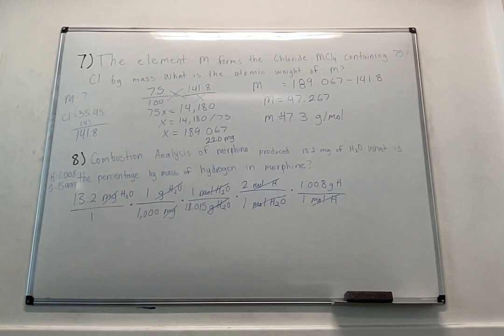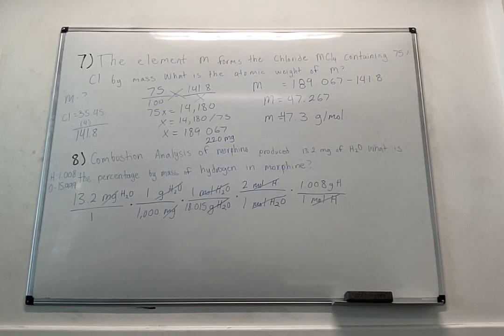So now we can do this process. 13.2 divided by 1,000. It's going to be a real small number, but bear with me. It's going to be 0.0132. And then we're dividing again by 18.015. Then over here, 2 over 1 is just 2, so we multiply by 2.